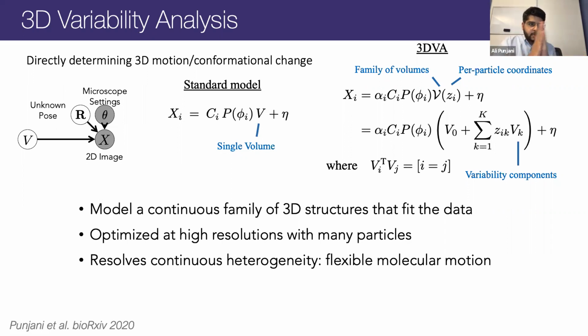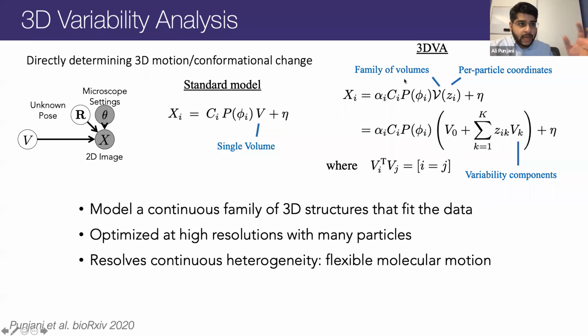So if it's a flexible molecule, the family is actually composed of the structure and the motion, but the per particle coordinate tells us for a single image, whether it's on the left by 10 degrees or on the right by 5 degrees, that is the per particle coordinate that we are going to talk about. And that's a very important concept. So the per particle coordinates are now a new object that we haven't had before, and we don't know those coordinates.